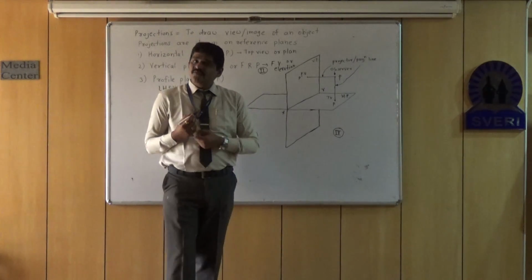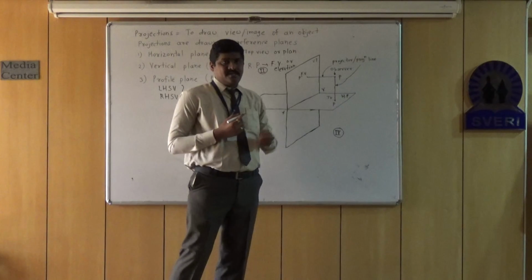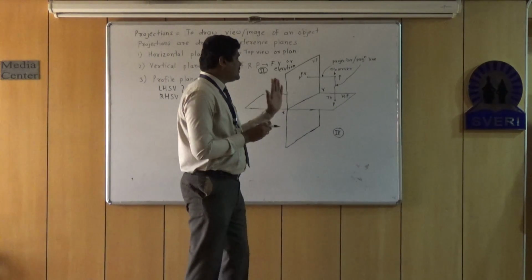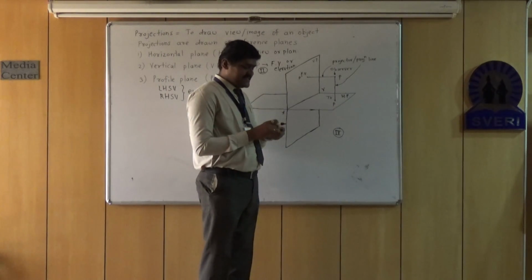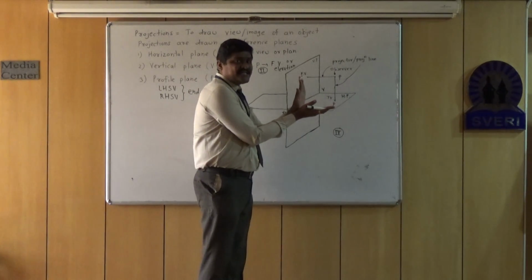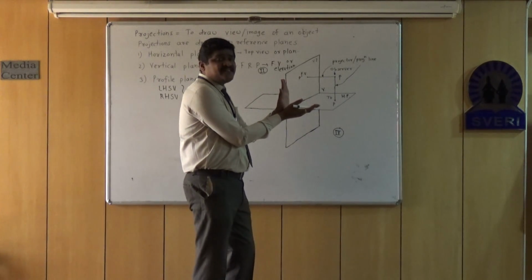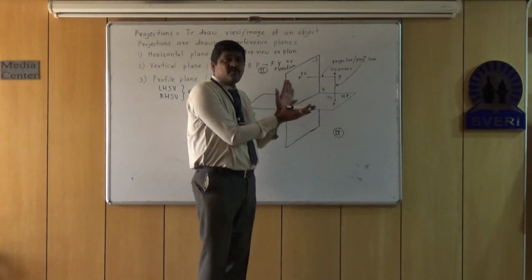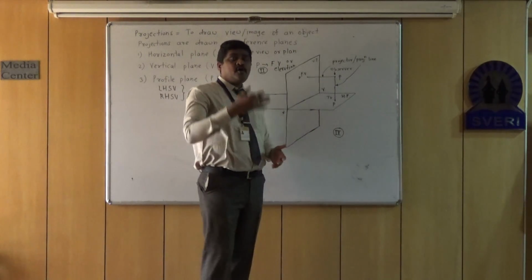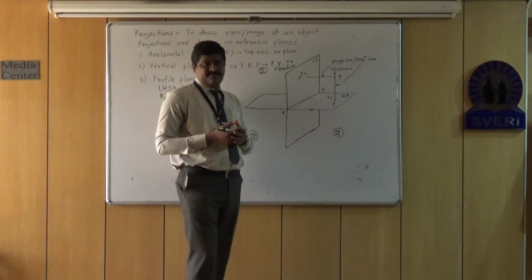Now here we need to understand that this is a three-dimensional picture in which the vertical plane is something like this and the horizontal plane is like this. We want to draw these views on a piece of paper or the board, which is a two-dimensional figure.